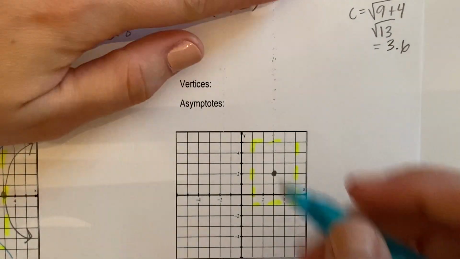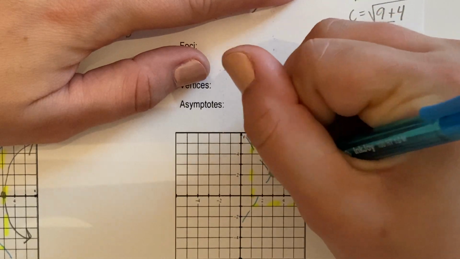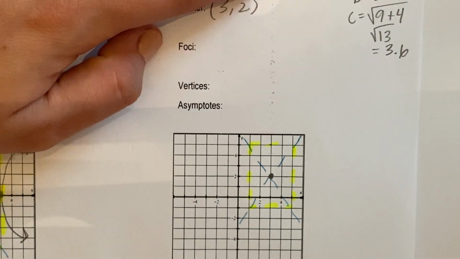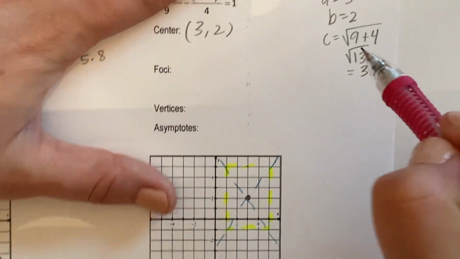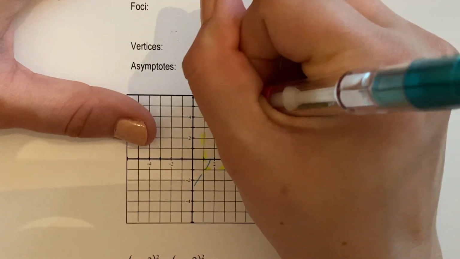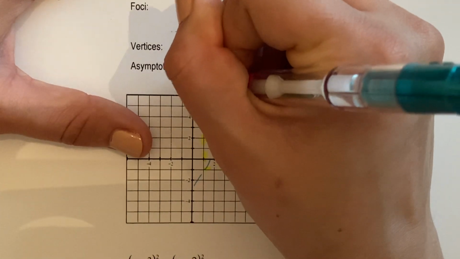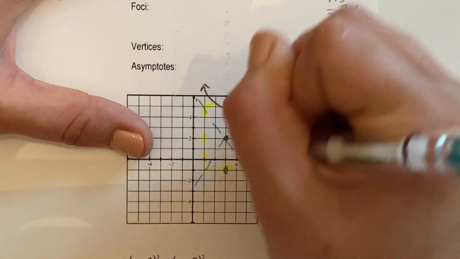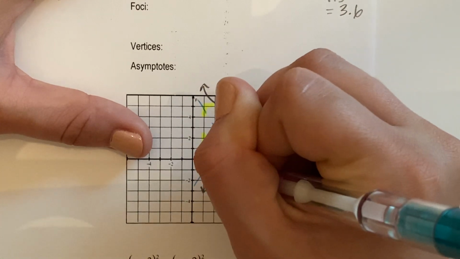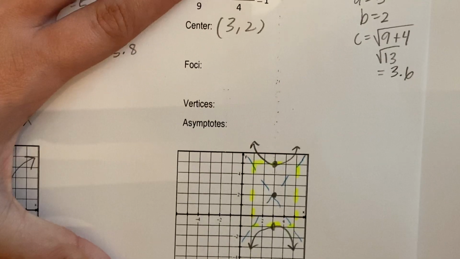Let's throw in our asymptotes. And now I need to figure out where my vertices are. Well, it's vertical, so my vertices are on the top and the bottom of the box, even with the center. And let's answer all of our questions.